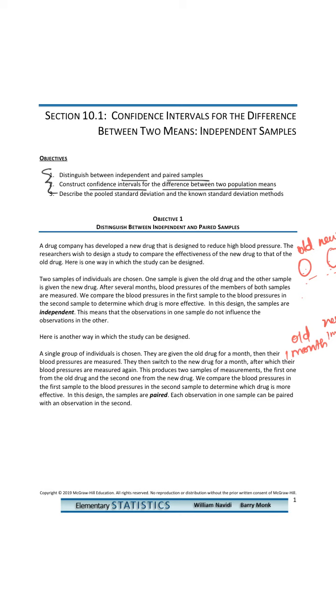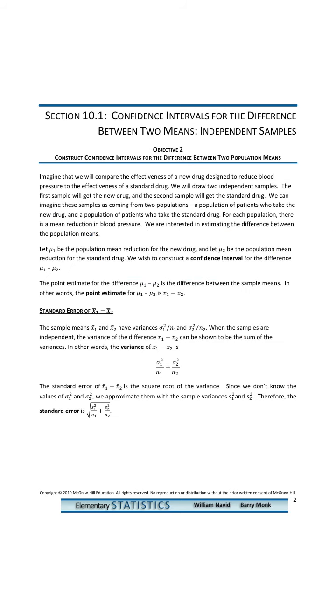This produces two samples of measurements, the first from the old drug and the second from the new one. They compare the blood pressure in the first sample to the blood pressure in the second sample to determine which drug is more effective. In this design, the samples are paired. In the previous one, the samples are independent.